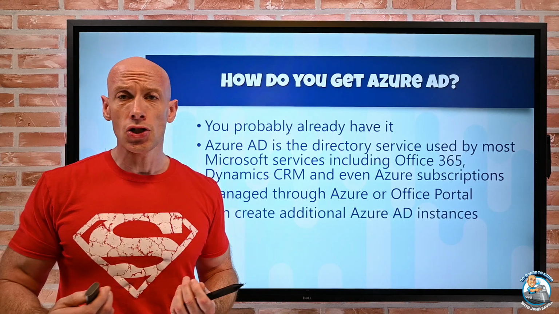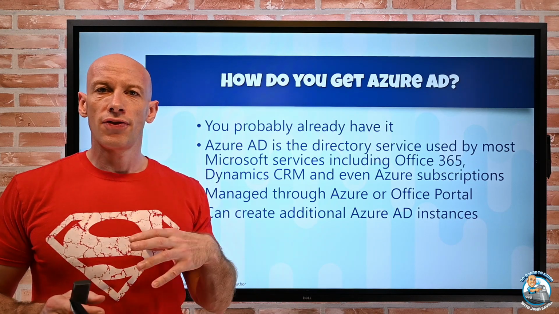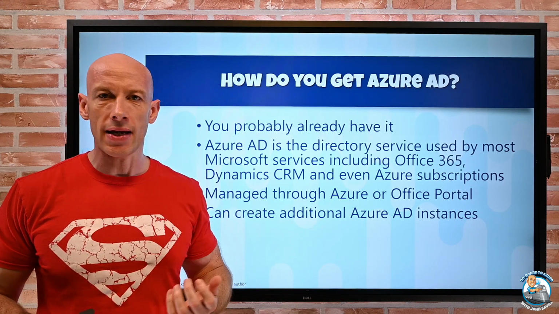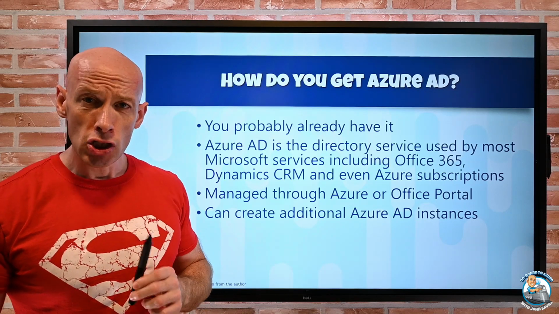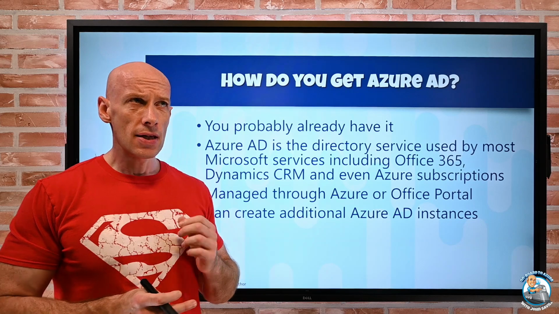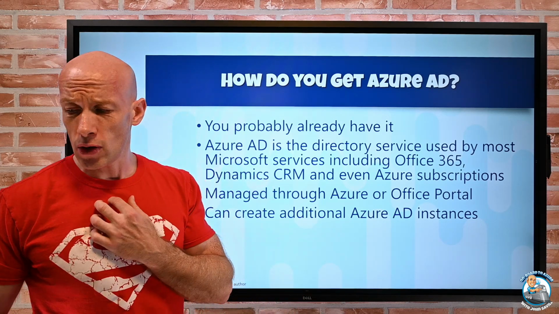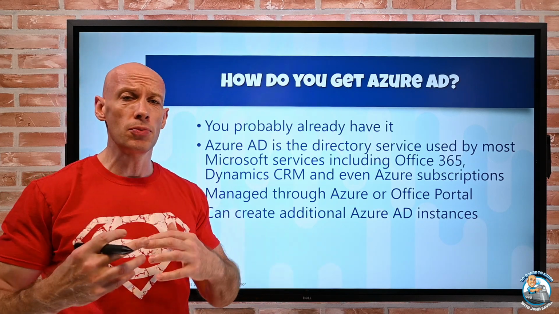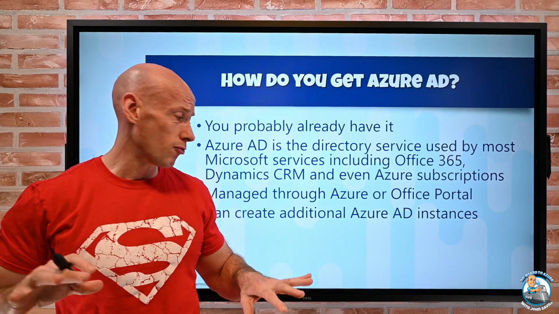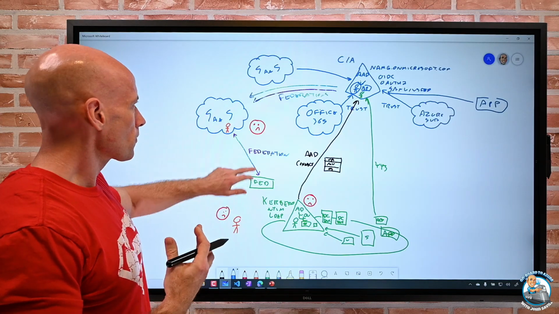Now I can create additional Azure AD instances. This is always confusing to nearly every customer. Azure AD does not belong to an Azure subscription. There's always concerns about, hey, someone's going to go and create an Azure AD instance in my subscription and then they're going to do stuff to my subscription. They're completely different. Remember what the model was.